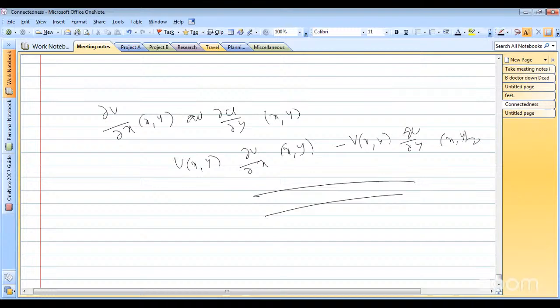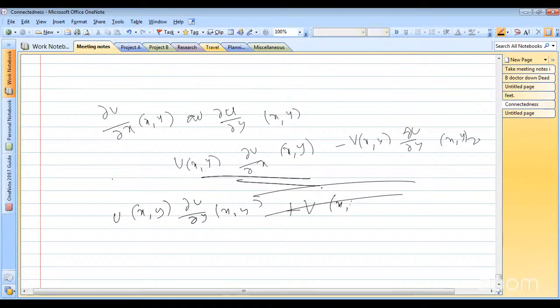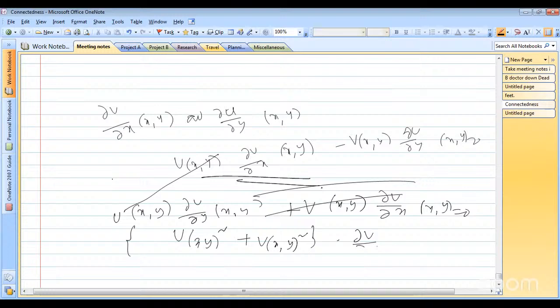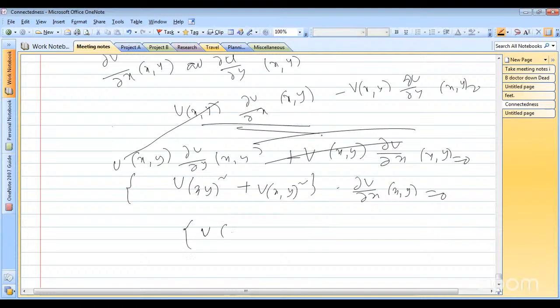So u(x, y) ∂u/∂x plus v(x, y) ∂v/∂x is 0, and again, with ∂v/∂x equal to negative ∂u/∂y, writing the same value, solving both gives u squared plus v squared times ∂u/∂x equal to 0, and likewise u squared plus v squared times ∂u/∂y equal to 0.